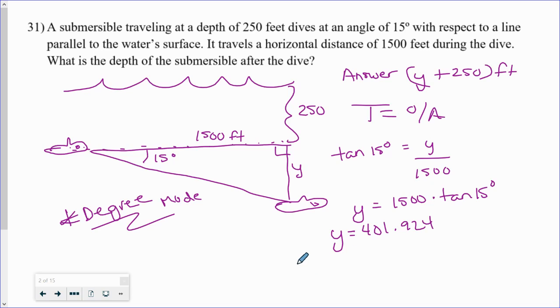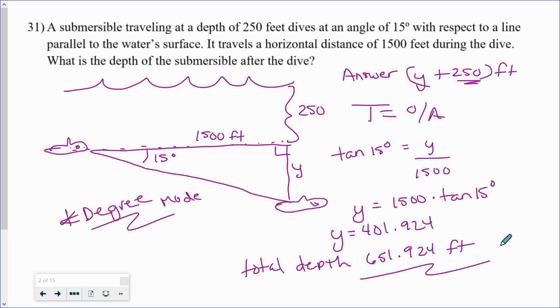My answer then is that plus the 250, so my total depth comes out to be 651.924 feet. I think the hardest part was drawing the picture, most likely.